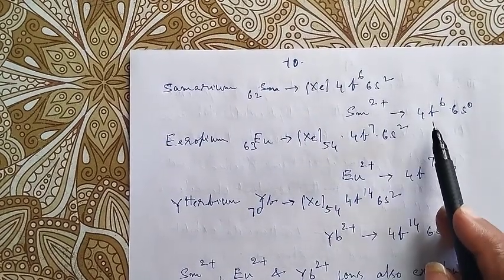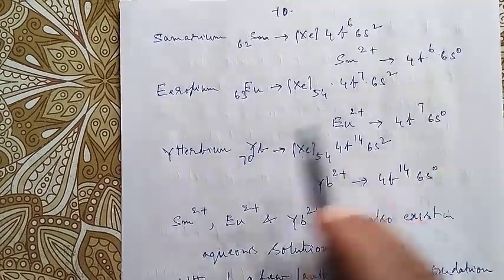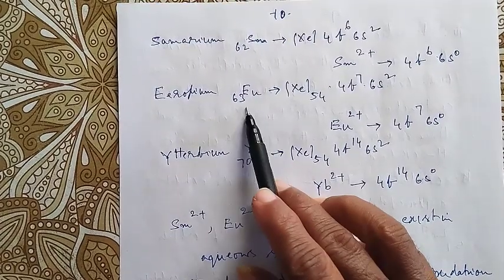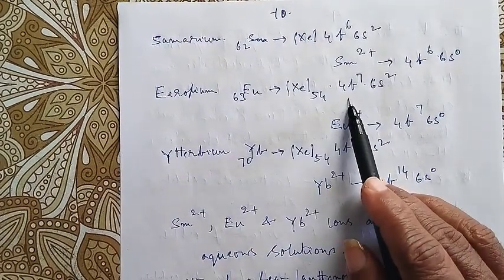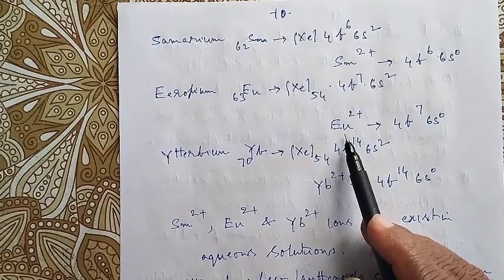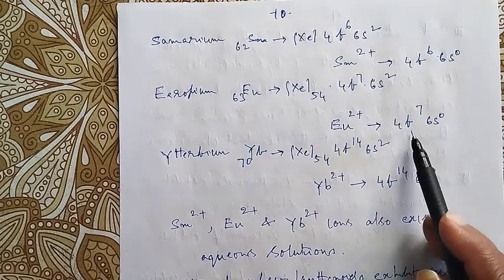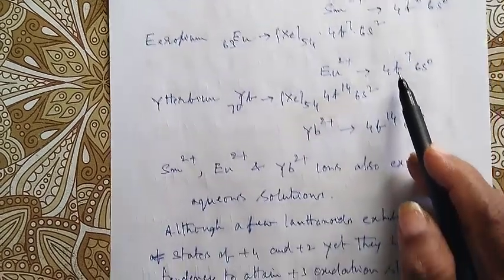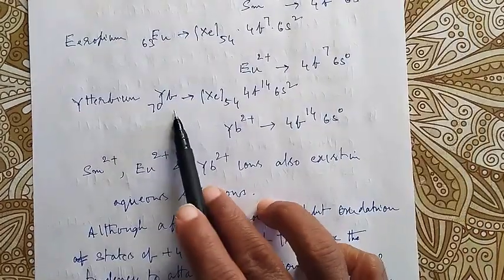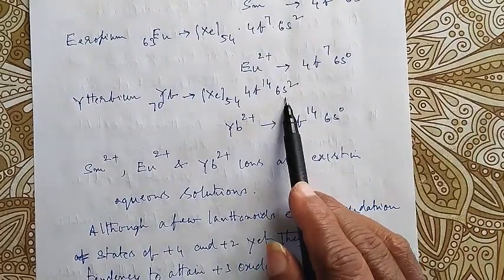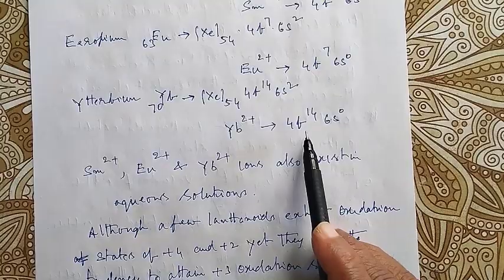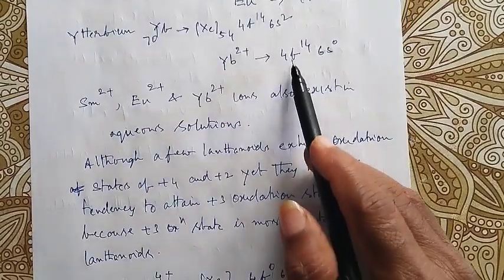Samarium 2+ ion has 4f6 configuration. Europium with atomic number 63, configuration 4f7 6s2. Europium dipositive ion has 4f7 configuration, whereas ytterbium, atomic number 70, 4f14 6s2, the ytterbium 2+ ion has configuration 4f14.